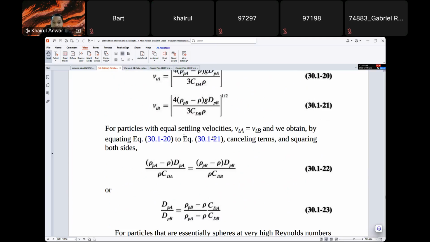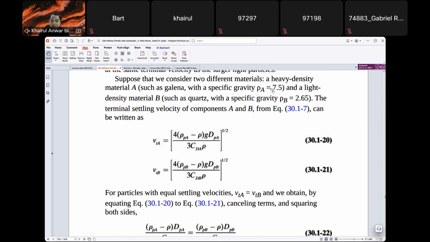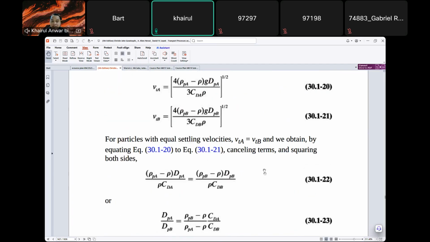For particles with equal settling velocity, VTA equal to VTB, we obtain by equating equation 30.1-20 to 30.1-21, cancelling terms and squaring both sides, 30.1-22 or 30.1-23. So the assumed particles have equal settling velocity VTA and VTB, although they have different specific gravity.